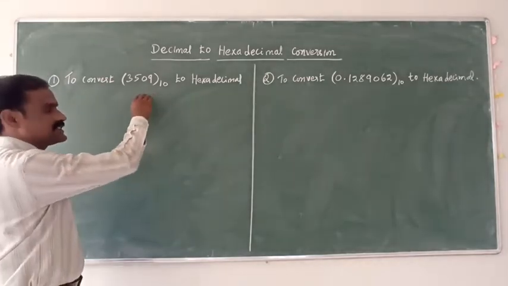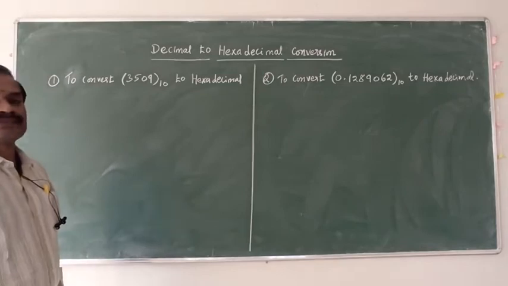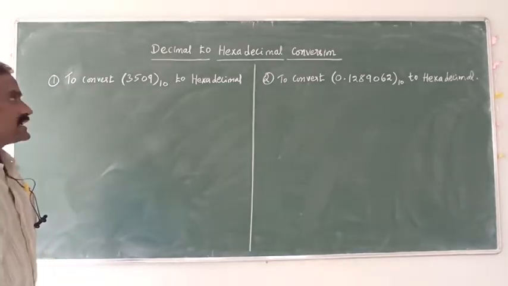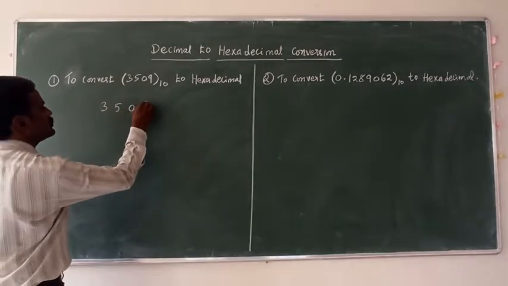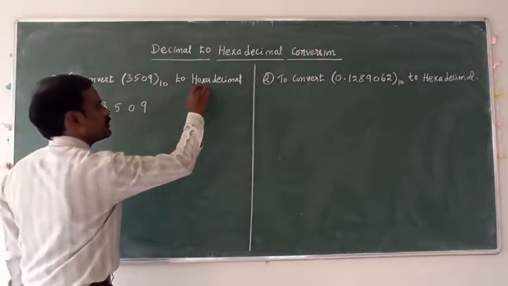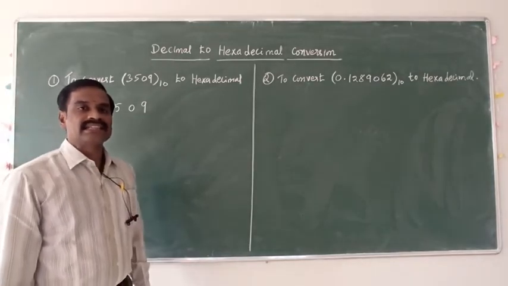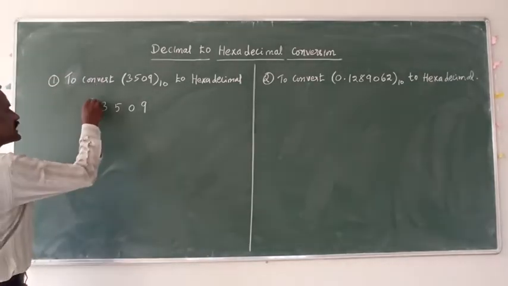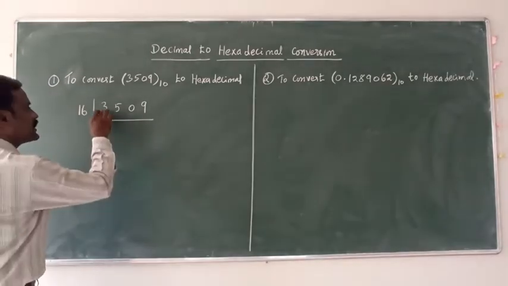Here the given decimal number is to be converted into a hexadecimal number. The hexadecimal base is 16, so divide by 16.